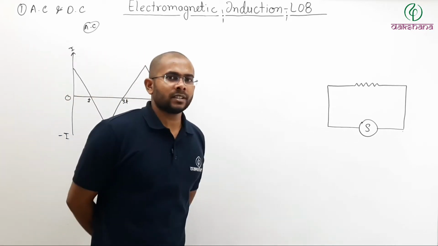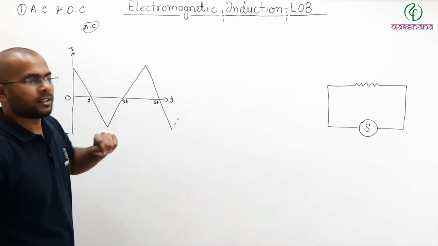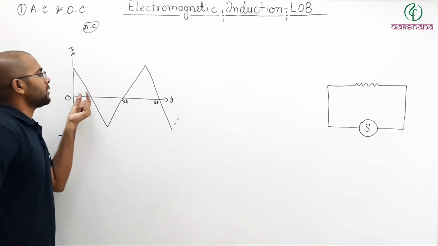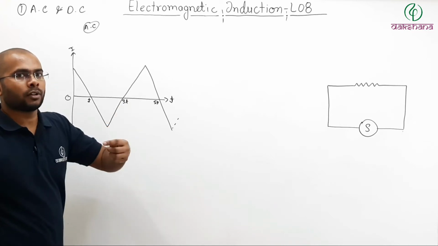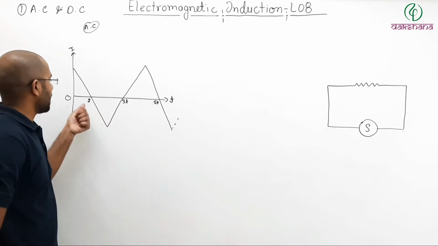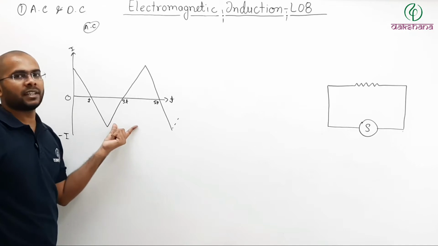So what is happening here? For 0 to t, current was positive, that is clockwise. Even though its magnitude was varying, magnitude was decreasing, but it was still positive. In case you remember, the V-t graph you draw. So even though magnitude is decreasing, still it is positive, same way. And for t to 3t, even though magnitude is variable, your sign is negative.